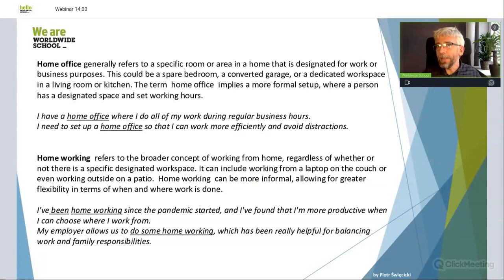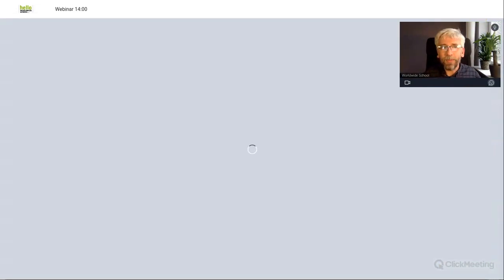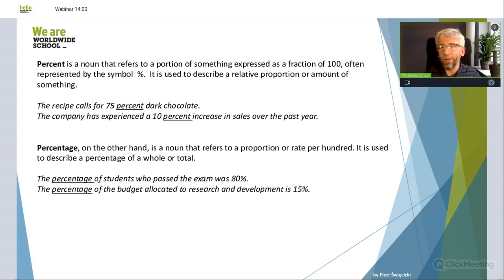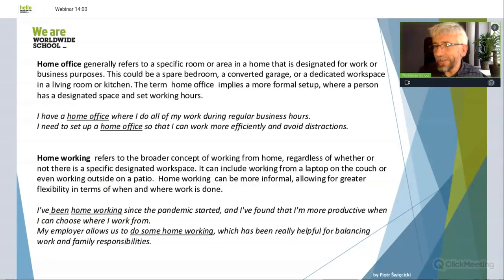Yeah. And let me finish with, I forgot to create a nice slide here. So this is not going to be a big mystery, but I just wanted to let you know that there is a big difference between home office and home working.